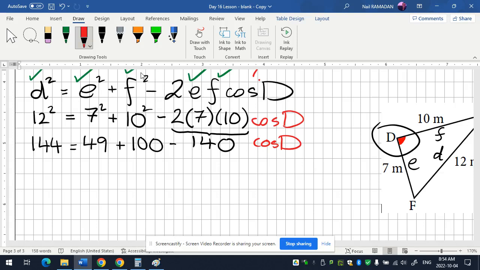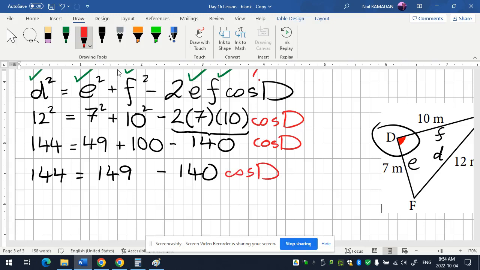What do you put together first? Step by step. Yes, those two. So 144 stays untouched. Now, what's 49 plus 100? 149. Subtract this thing, 140 cosine of d.